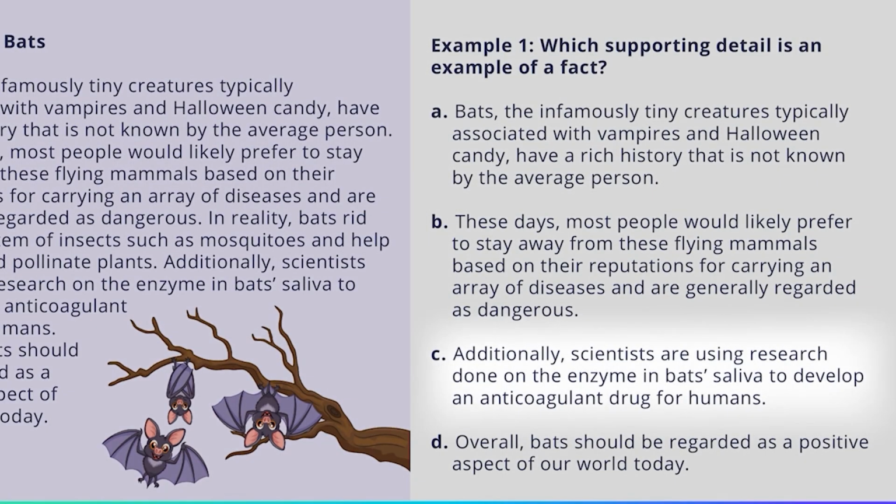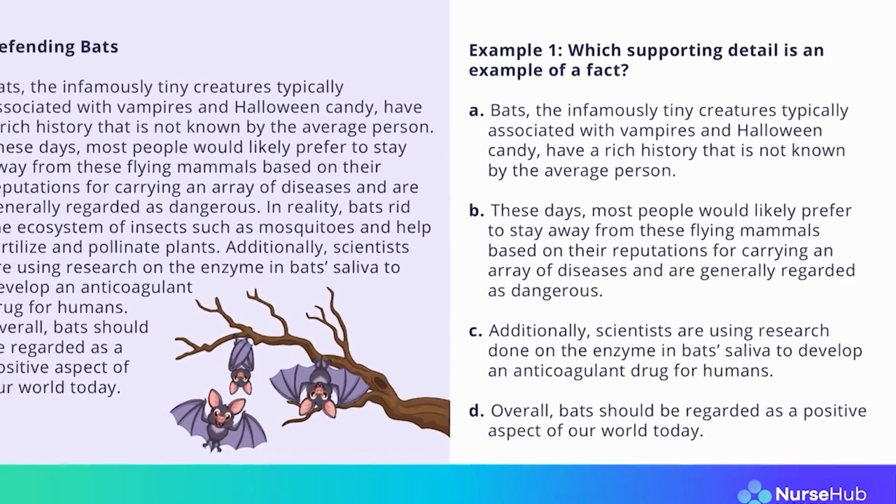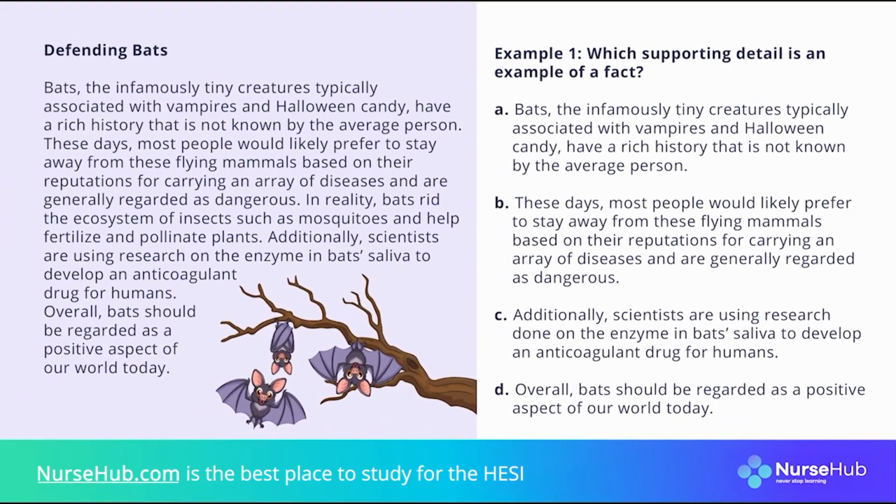C reads, additionally, scientists are using research done on the enzyme in bat saliva to develop an anticoagulant drug for humans. D reads, overall, bats should be regarded as a positive aspect of our world today. So remember, we are going to be looking for words in these answer choices that perhaps signify opinions because we want to choose the answer choice that is the fact.